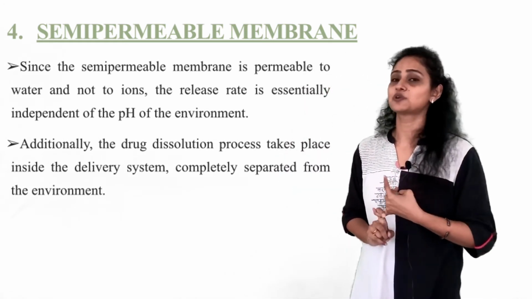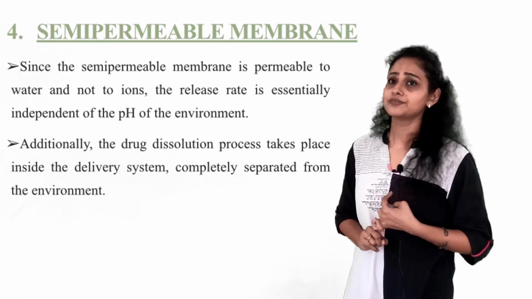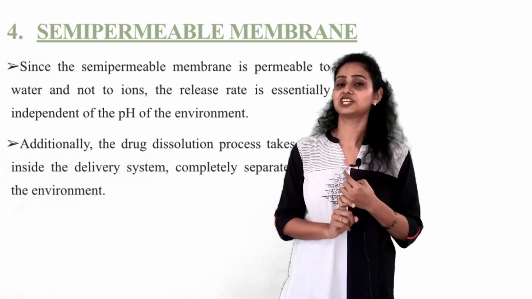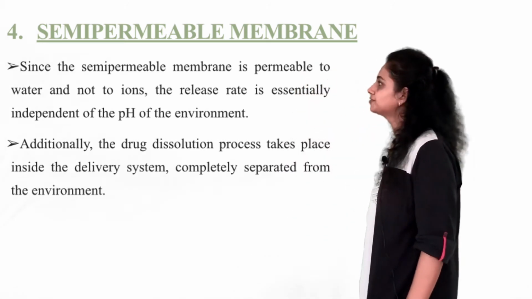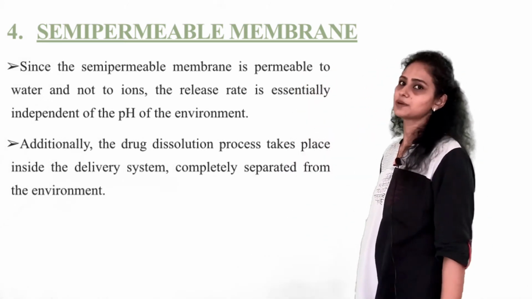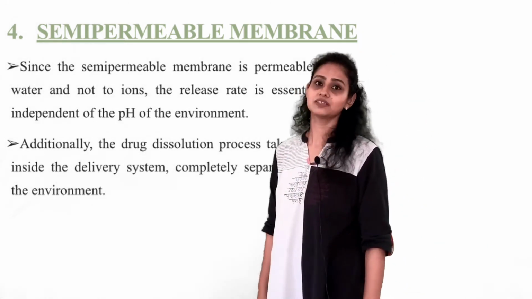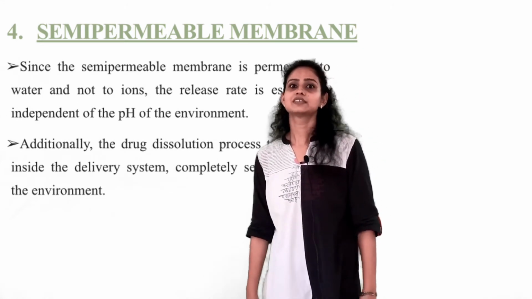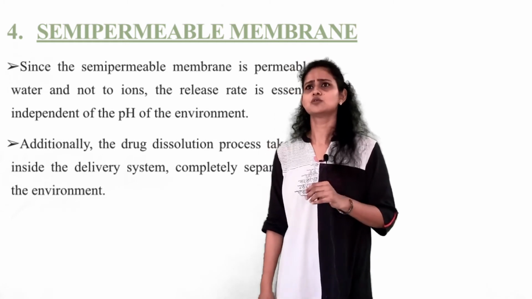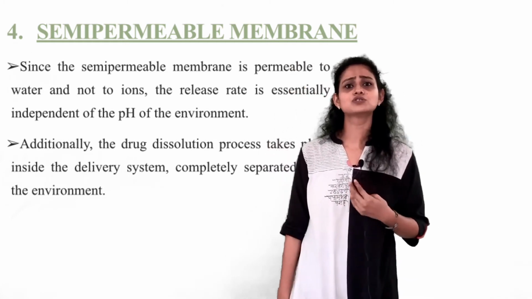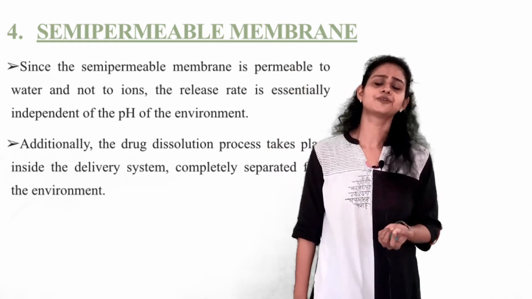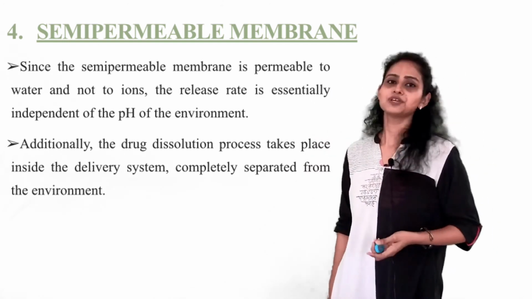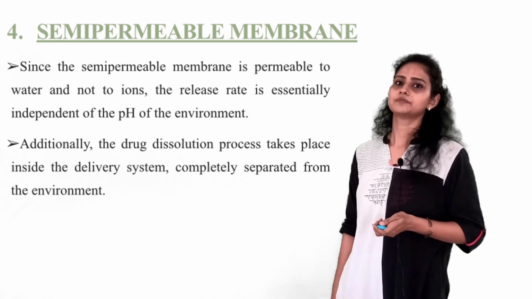The main advantage is that your drug delivery won't be affected by the change in pH. The polymers which can be used as semi-permeable membrane are cellulose derivatives like cellulose acetate butyrate, cellulose triacetate, ethyl cellulose, and Eudragit. These are examples of polymers which can be used as semi-permeable membrane.